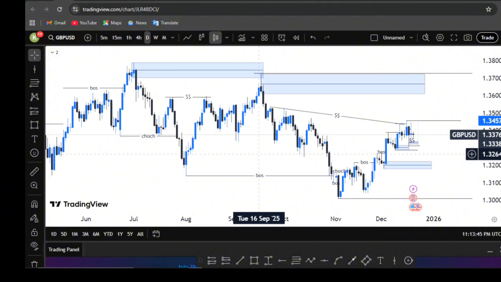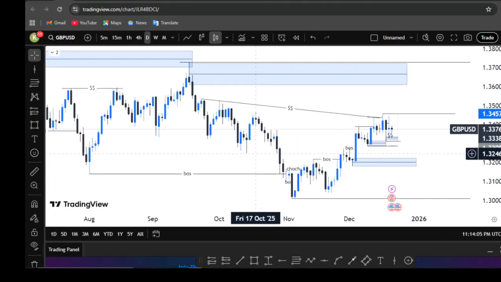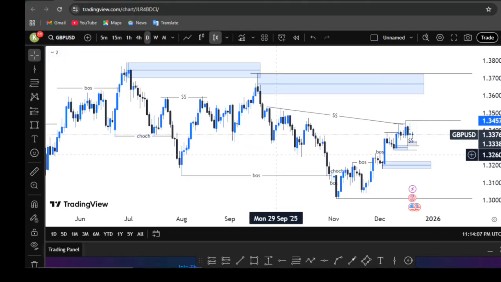Remember, we are going to the festive season, so this will be the last week for me to look at the charts. The first 3 days, from Monday to Wednesday, will be my last days to look at the charts until January.